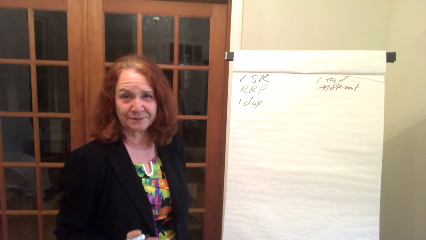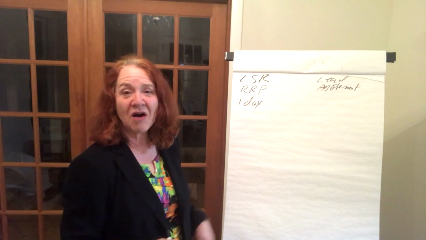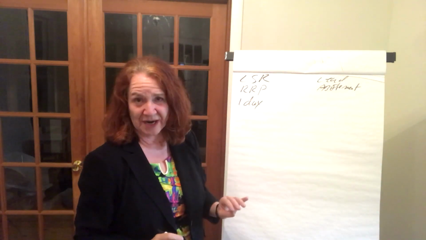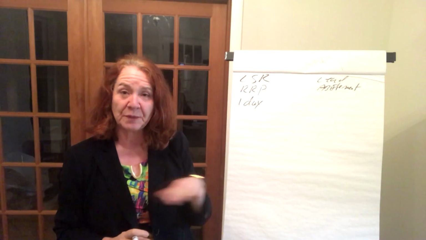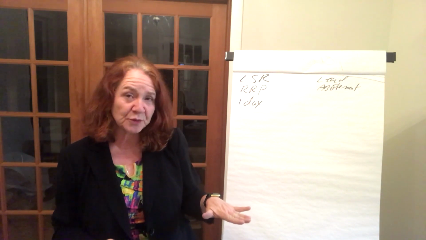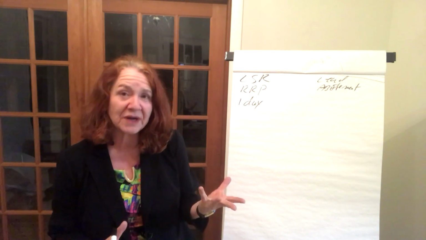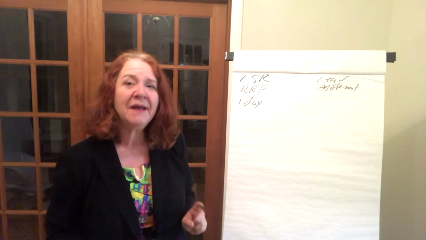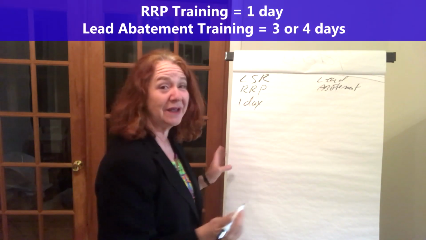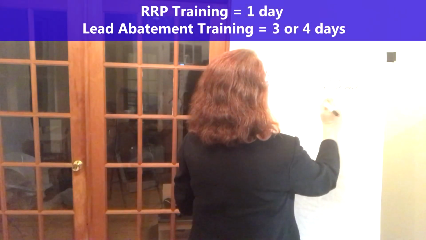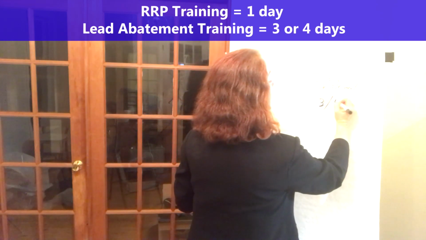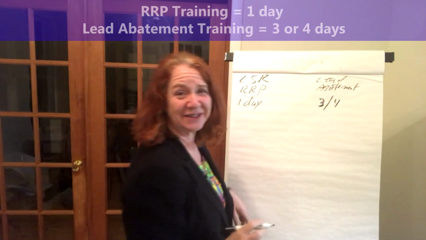If they are a lead abatement contractor, meaning they know how to deal with the permanent and complete removal of the lead or covering of the lead in a permanent way, they were in class for either 3 or 4 days. 3 days if they're a worker, 4 days if they're a supervisor.